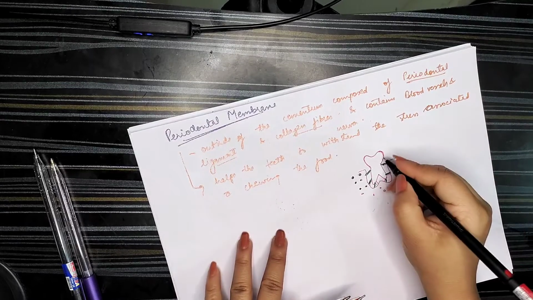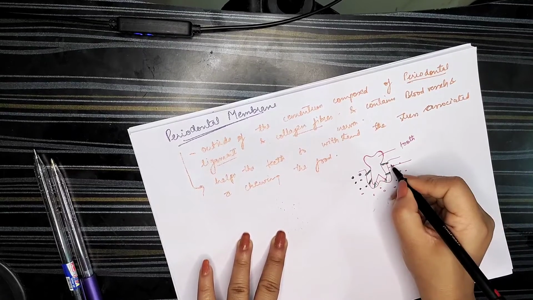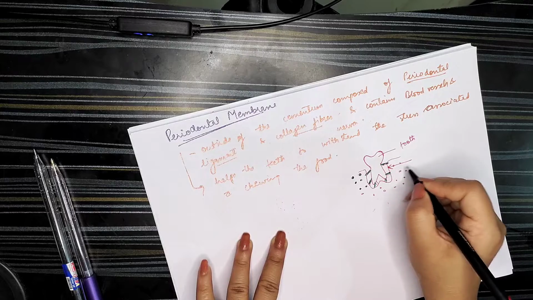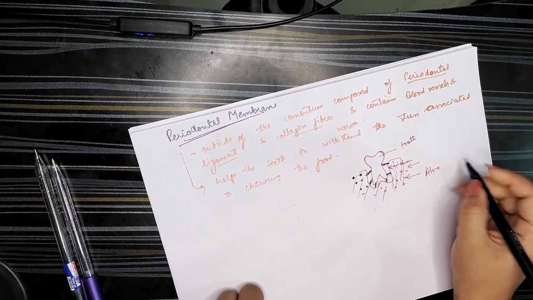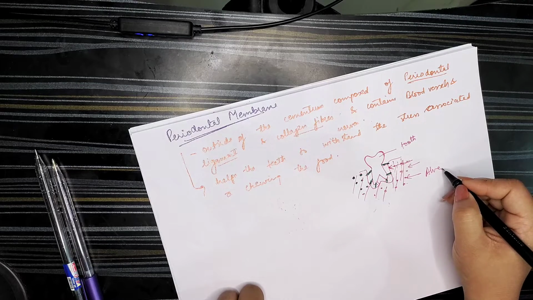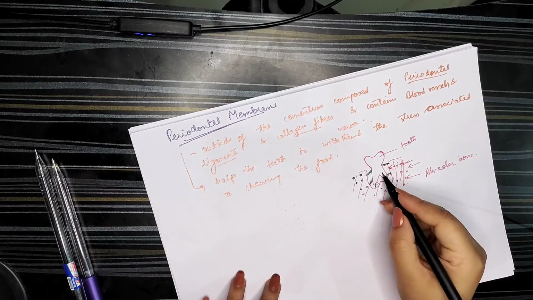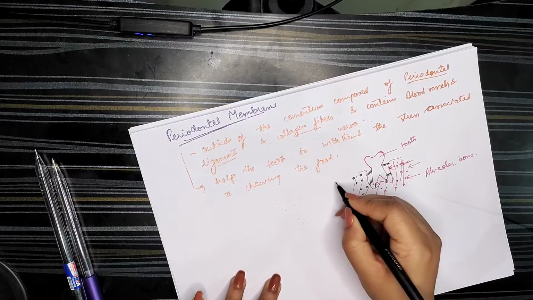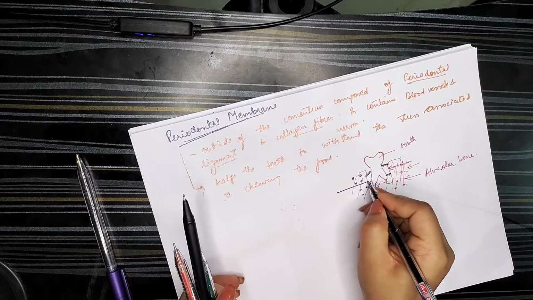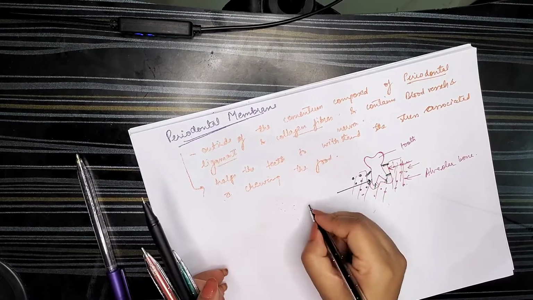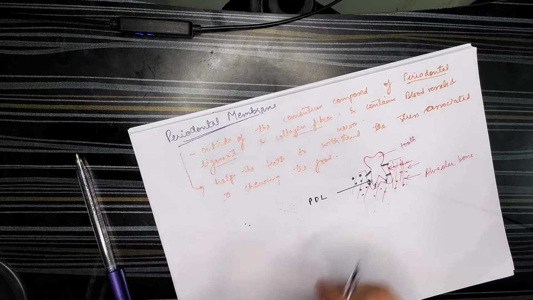So this is the tooth, this is the hole, this is the alveolar bone, and the tooth is connected to the alveolar bone by these fibers, the periodontal ligaments, or we can say periodontal membrane.